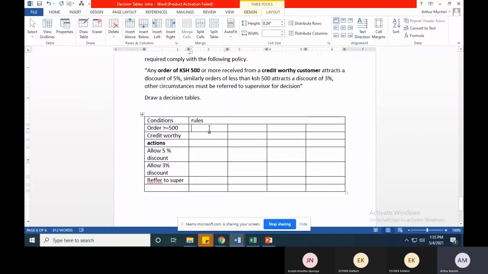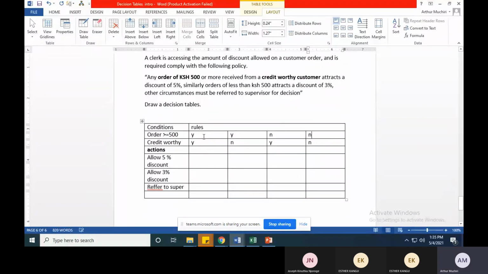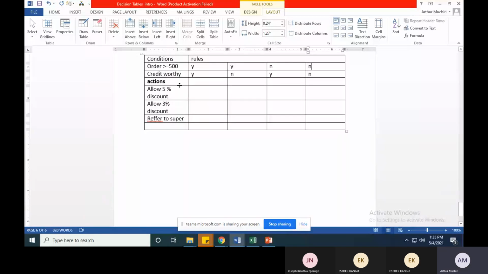So how many yeses and how many nos? Yes, yes, and no, no. And then the next one will be yes, no, and yes, no. This is a no. No. So now the actions, the action entries.